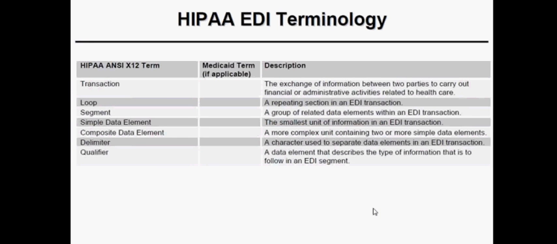That means the group of elements put together is called a composite data element. Then these elements are separated. I'll show you an example because that would give you more clarity on it. And then there are some qualifiers that will indicate what type of data it is. All right, so let me show you an example quickly on this.